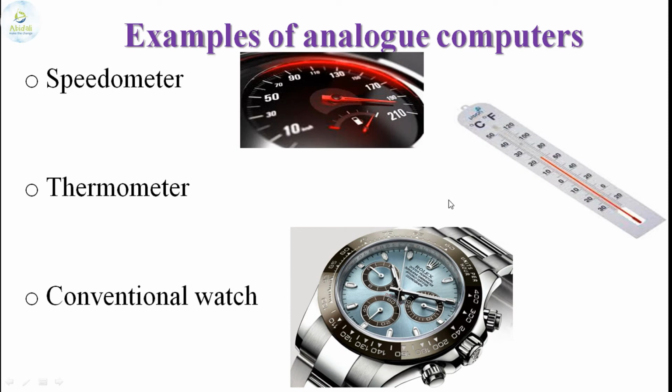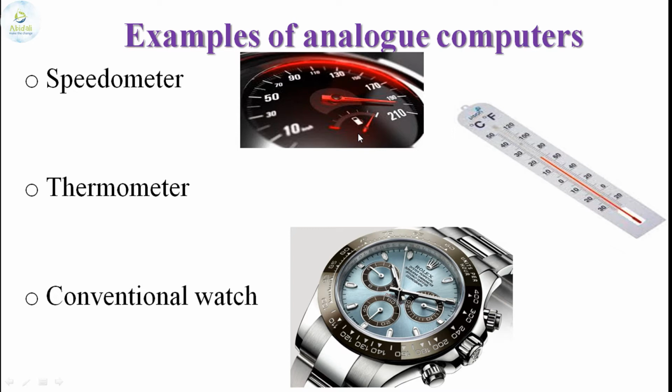The popular examples of analog computers are the speedometer in your bike, car and so on, that shows how much mileage it is giving, how much the fuel tank is filled, or how many kilometers per hour you are moving.